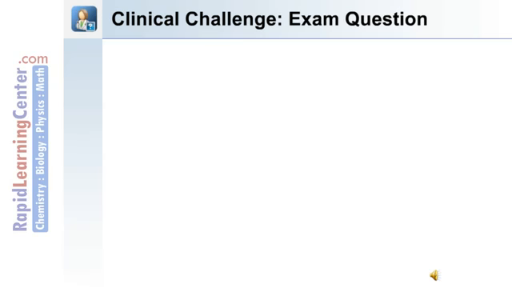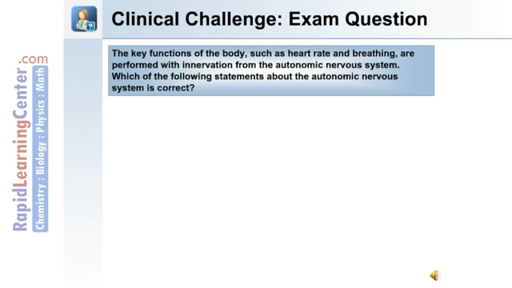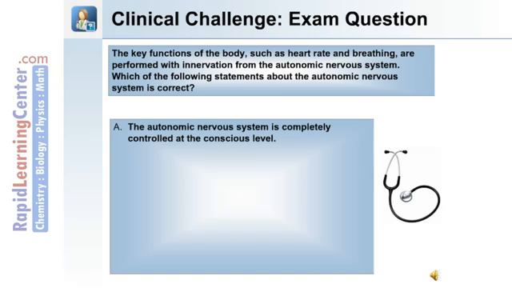Here's a clinical challenge exam question based on what you've learned so far in this tutorial. The key functions of the body, such as heart rate and breathing, are performed with innervation from the autonomic nervous system. Which of the following statements about the autonomic nervous system is correct? A. The autonomic nervous system is completely controlled at the conscious level.